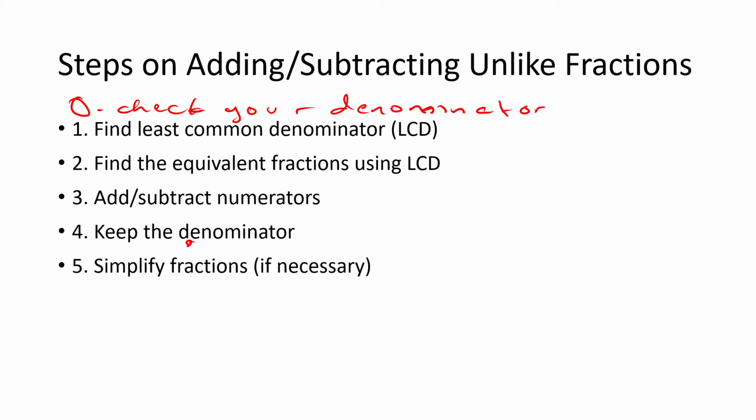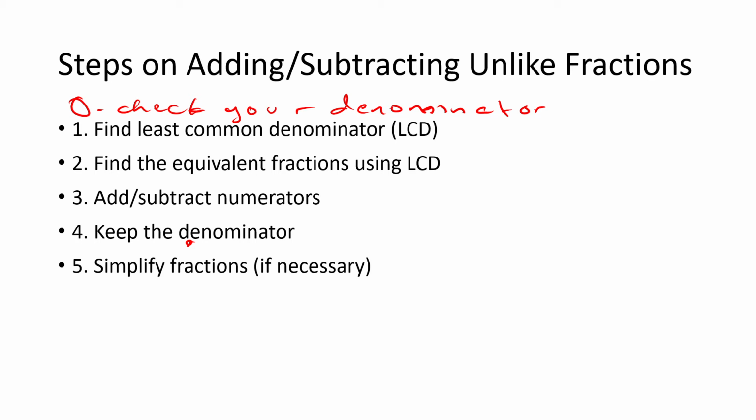But since we're in section 5.3, your fractions will have different denominators. So the first step is you're going to find the least common denominator. That's why we reviewed that part.